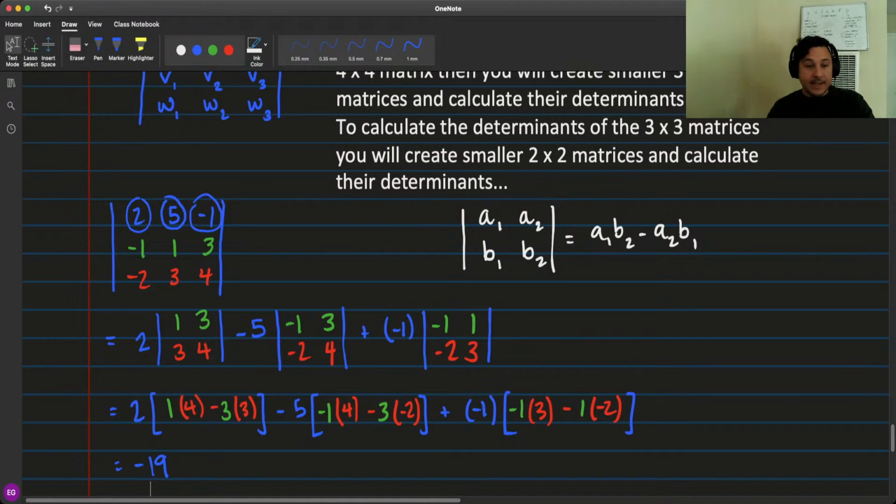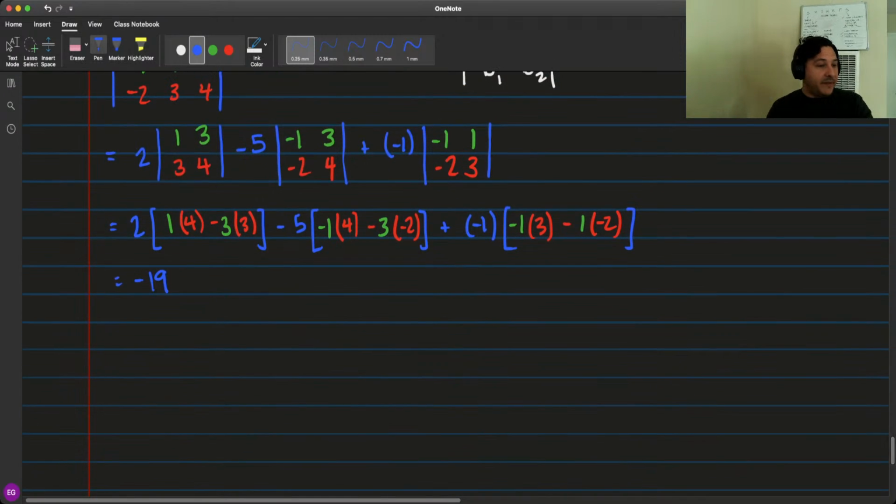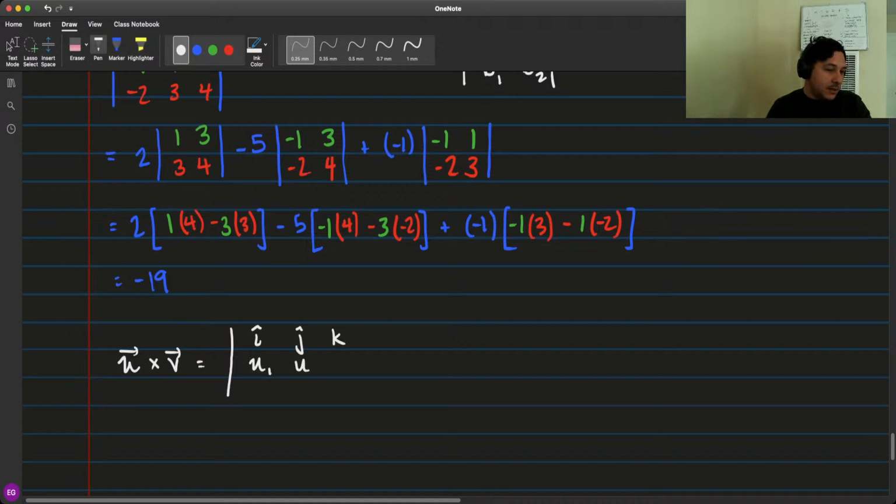So the cross product is defined to be, they're related. Let's say you want to do the cross product of u and v. The cross product is equal to the determinant, where on the top you put i, j, and k, and then you put the entries in rows of u1, u2, u3, v1, v2, v3.